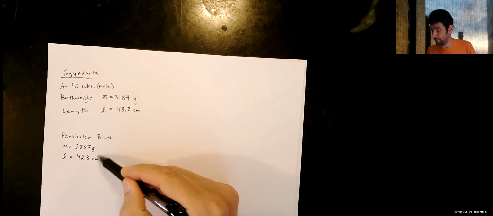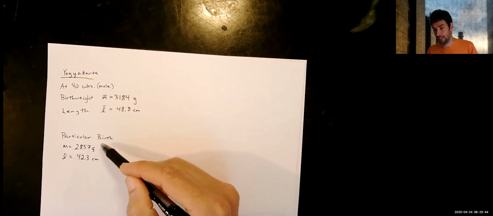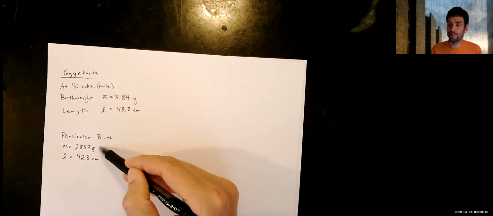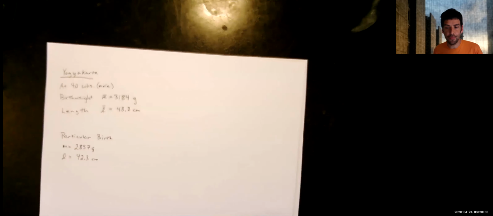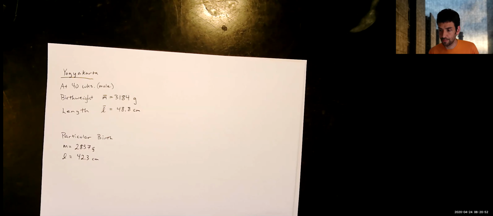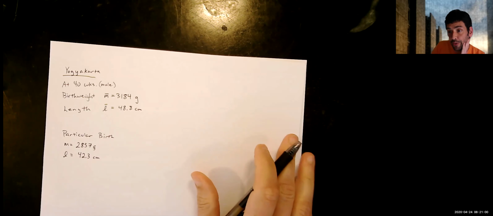And another question we might ask is, which one of these is more extreme? Is this particular birth more underweight or under length? And how do you compare grams to centimeters? It's a nonsensical question to compare grams to centimeters. We can't really do it.